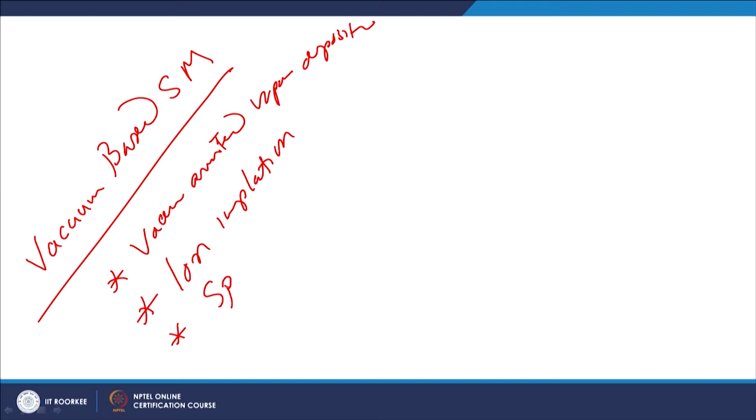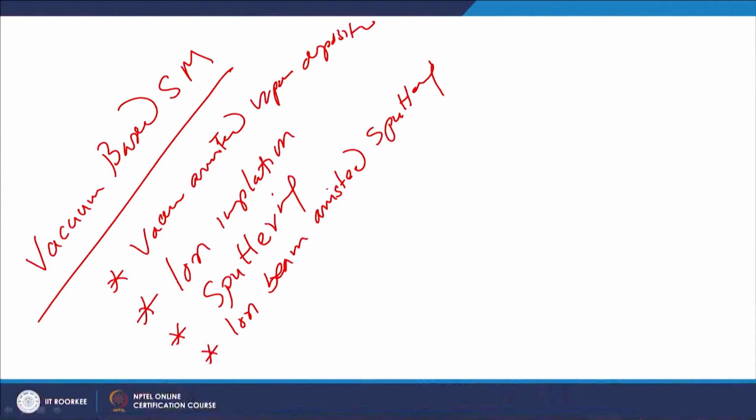Then sputtering is another process where the target material is bombarded with a beam of ions, and the atoms which are released from the target material are deposited on the surface of the substrate.